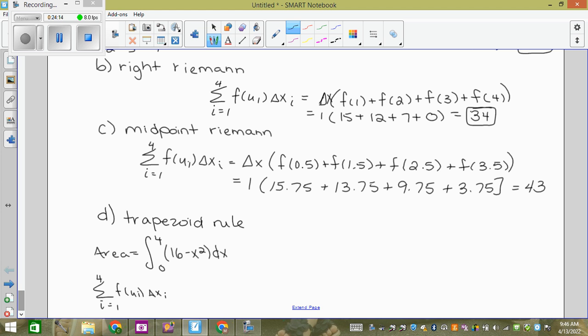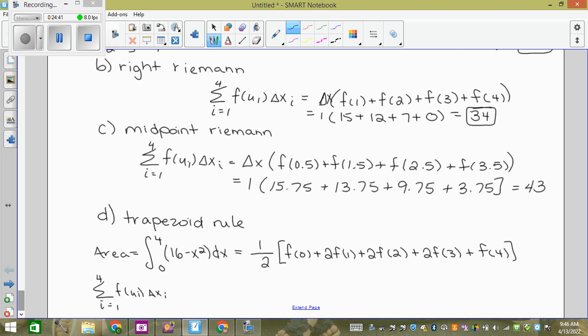Come on, Monty. Okay. So we're going to get 1 over 2, because it's change in x over 2. And then we do f of 0 plus 2f of 1 plus 2f of 2 plus 2f of 3 plus f of 4.